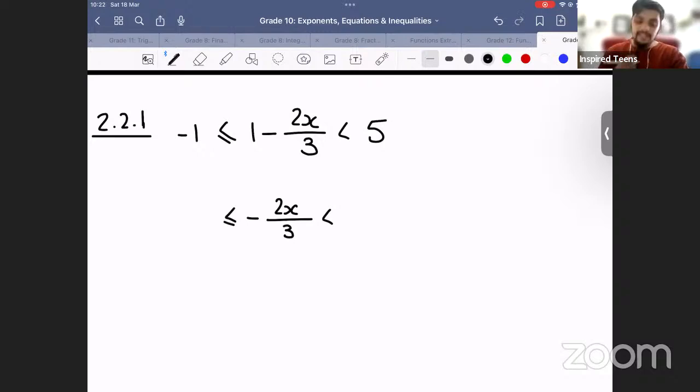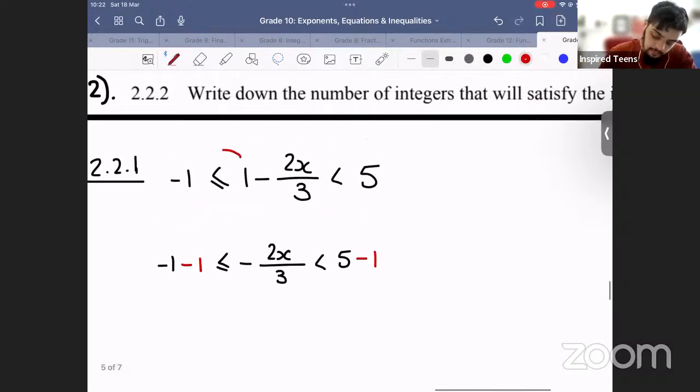Essentially, what I do is I take the 1 and I subtract it from either side. From the left, I subtract 1, and from the right I subtract 1 as well. Both sides. So I minus 1 from the left, minus 1 from the right.